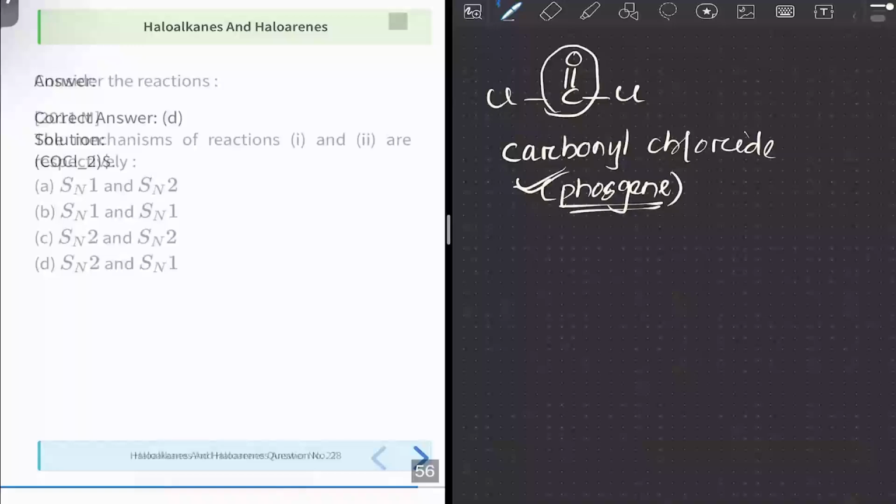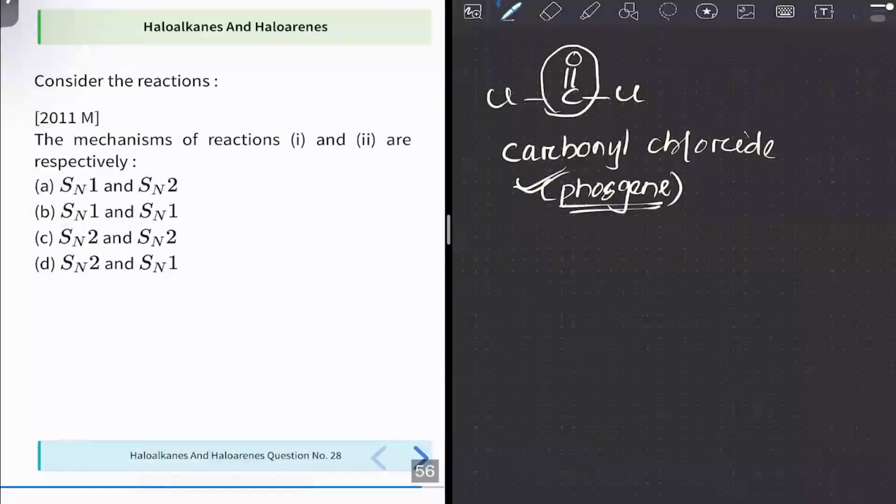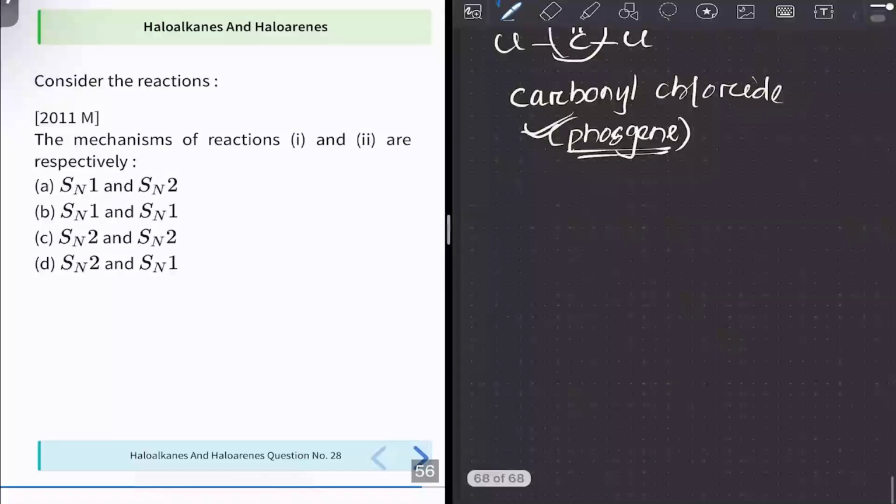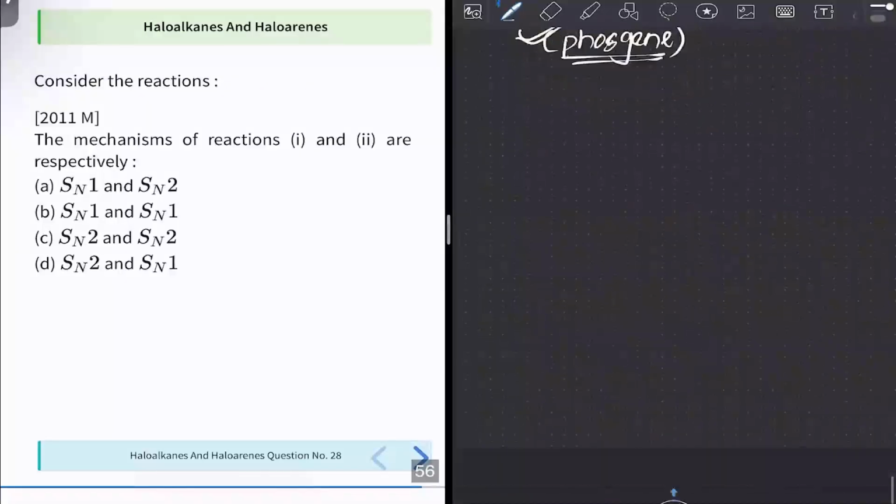Let's move on to question number 28. Consider the reactions. It is also an incomplete question, so I'm writing the complete question here.